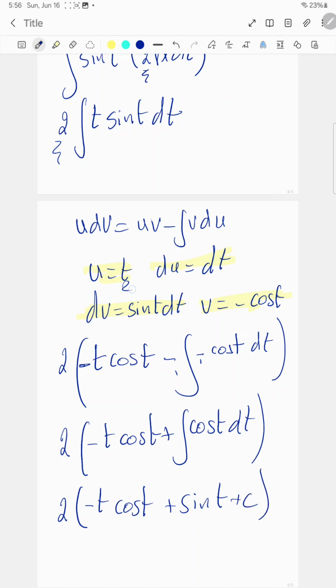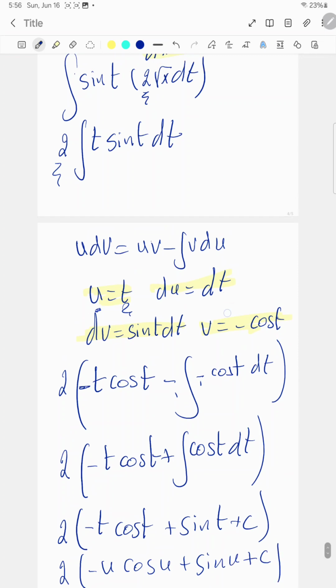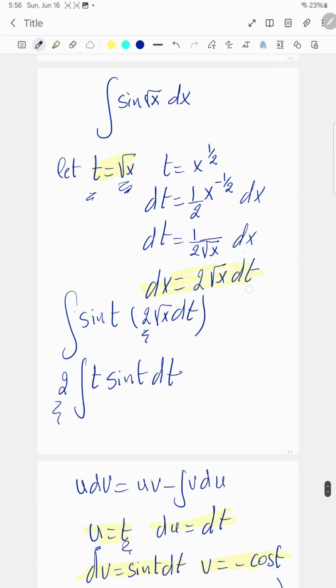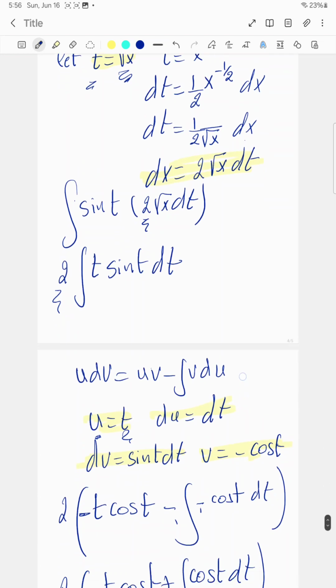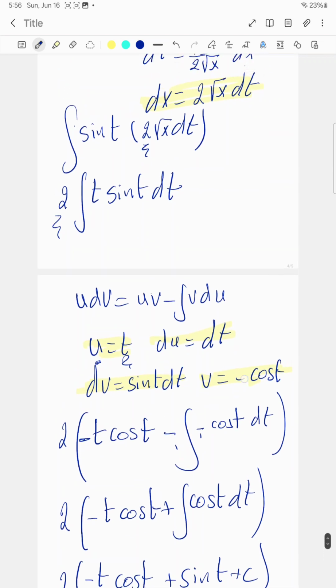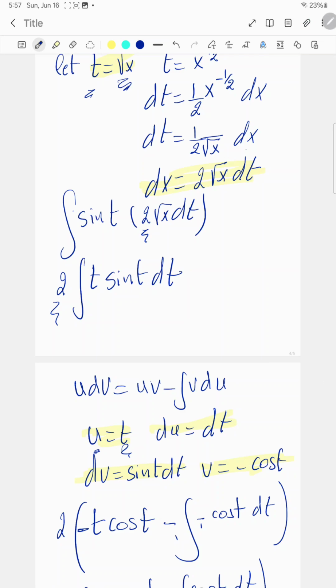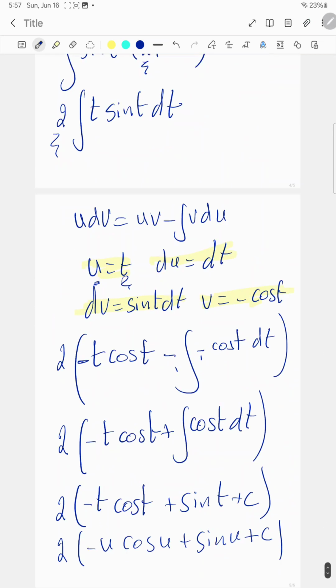and then I can replace my t first by u. It becomes 2 times minus u cosine of u plus sine of u plus c, and then here we said, actually, sorry, we said t is equal to square root of x.